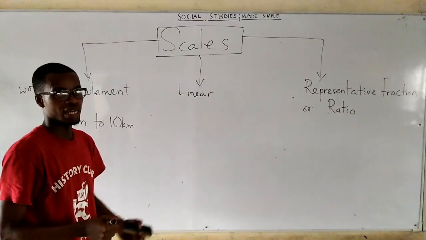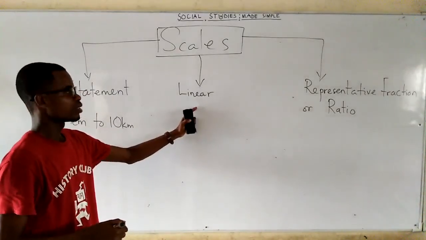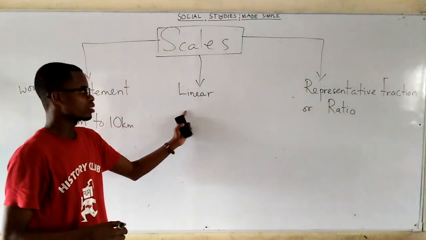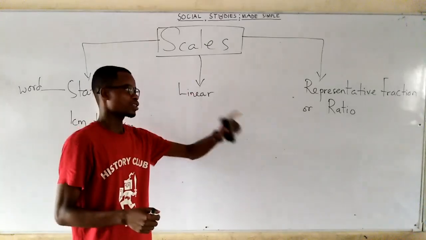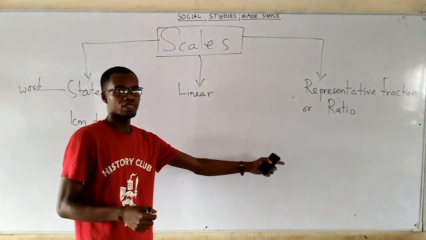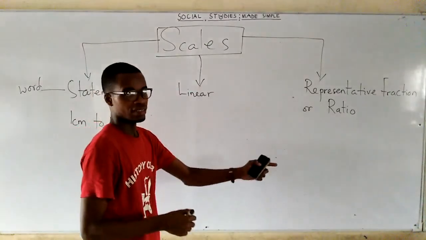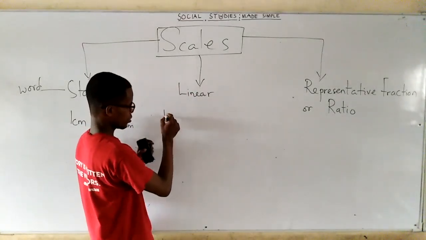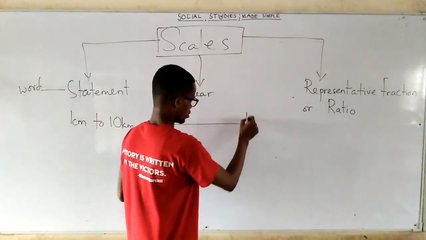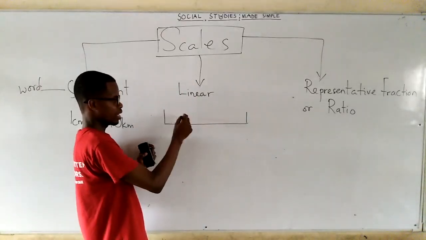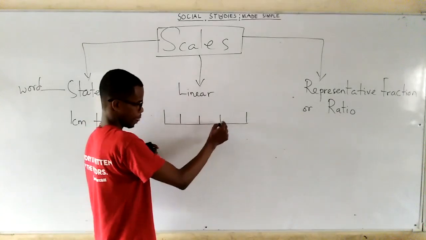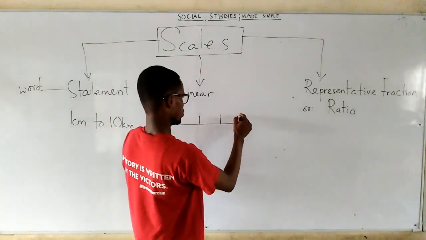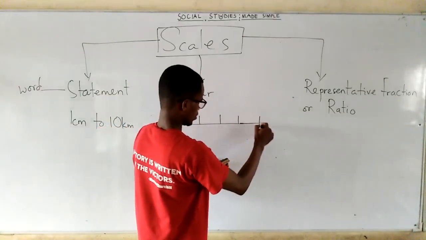So the same scale here. Let's see how it will look if it is under linear. With the linear, you find a straight line. Here you draw the scale in a straight line form, just like what I indicated under the Ghana map. That was an example of a linear scale. So you have this, and you can put the main divisions here.